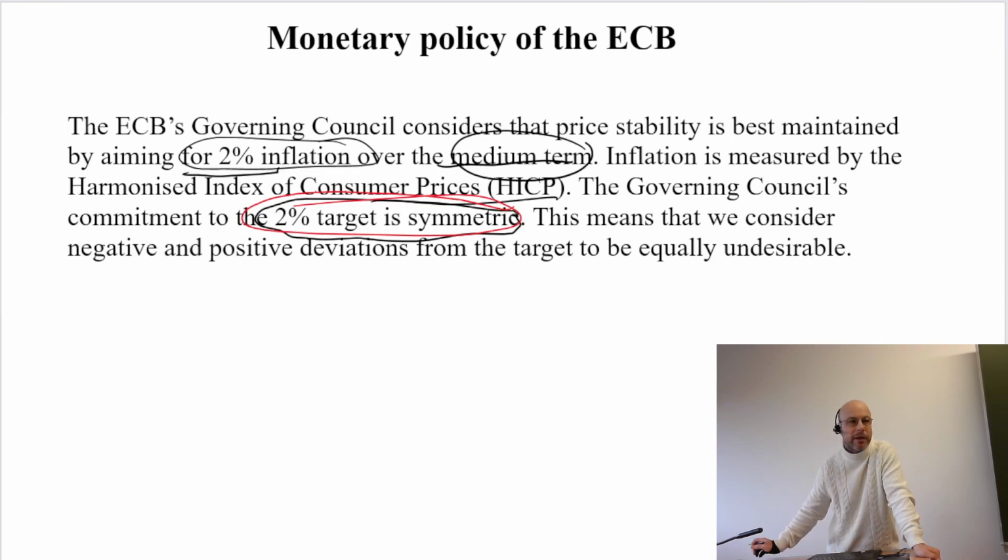And for Europe, for the Eurozone, this is defined as that we define price stability if we have in the medium term roughly 2% of inflation measured via the harmonized index of consumer prices.